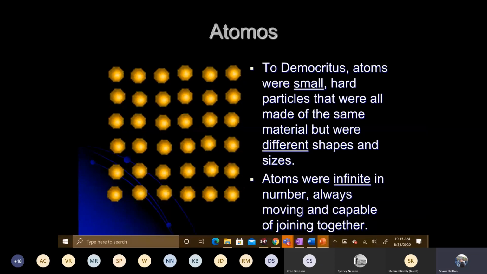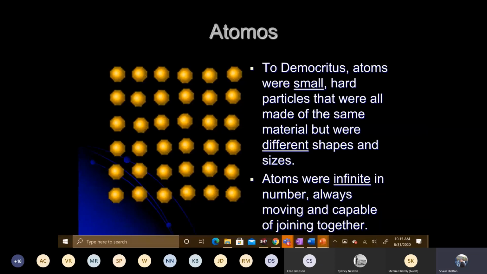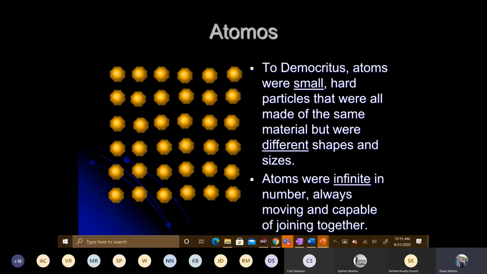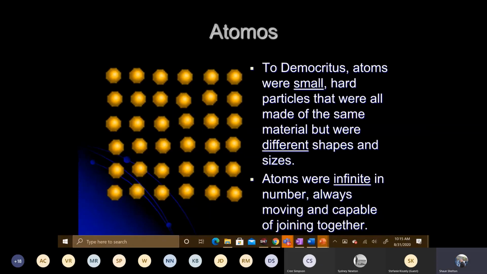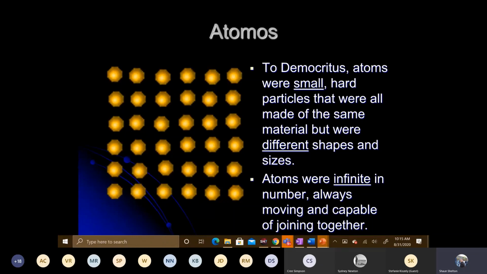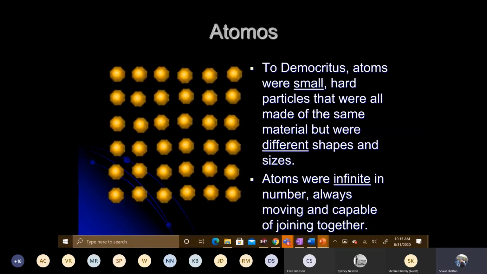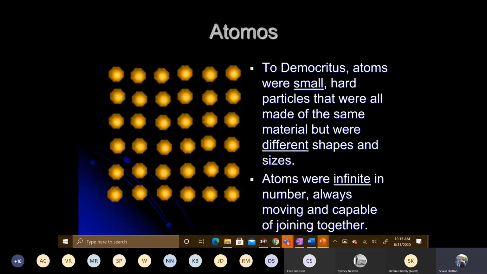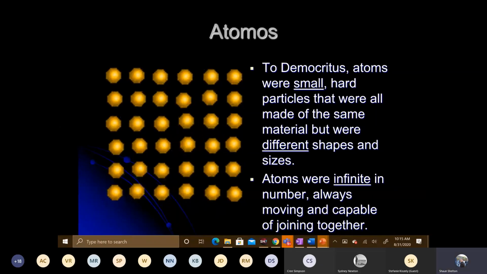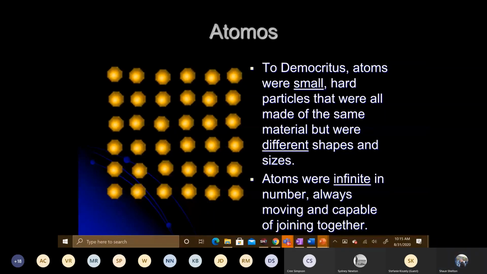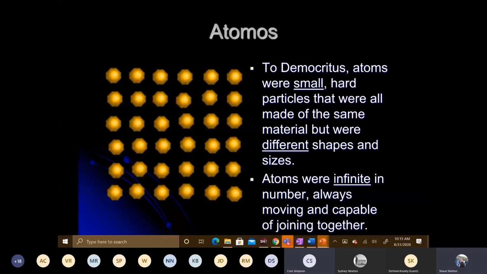Atoms were infinite in number, always moving and capable of joining together. There's some problem with that second bullet point, the underlined word infinite. Infinite means that there is an infinite number of atoms present. So, is that true? Is there an infinite number of gold atoms in the world right now? Nope. Right. So there are a lot of problems with that statement.